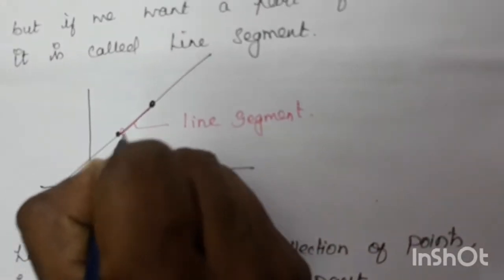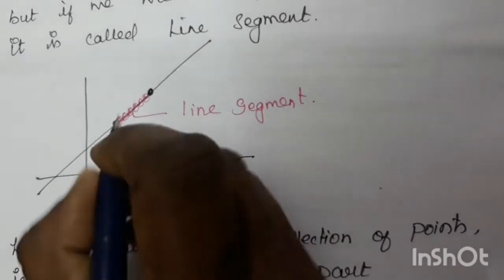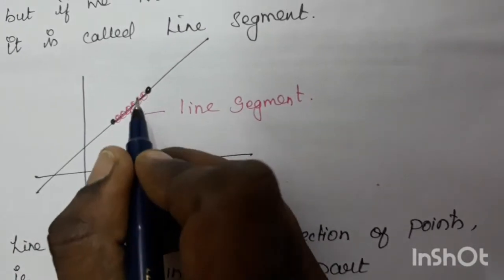See, here a line is said to be a set of points over a part.